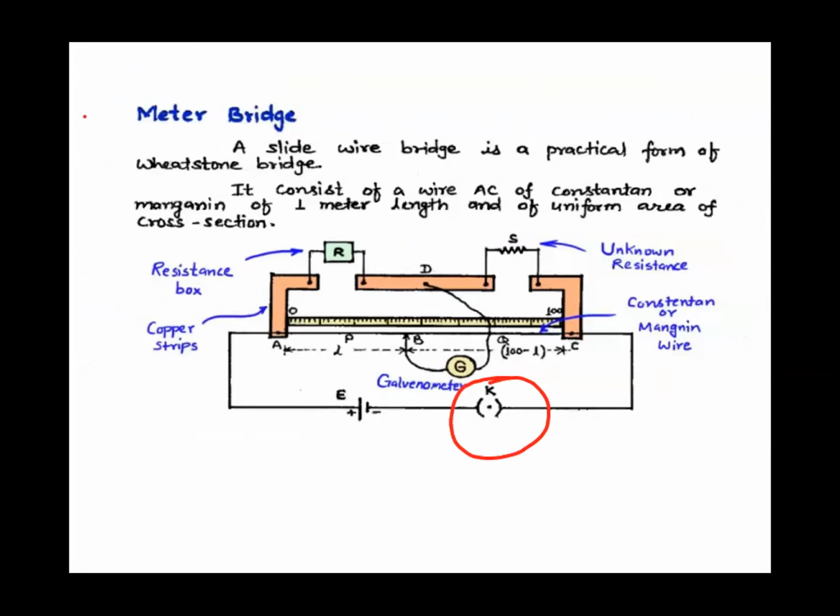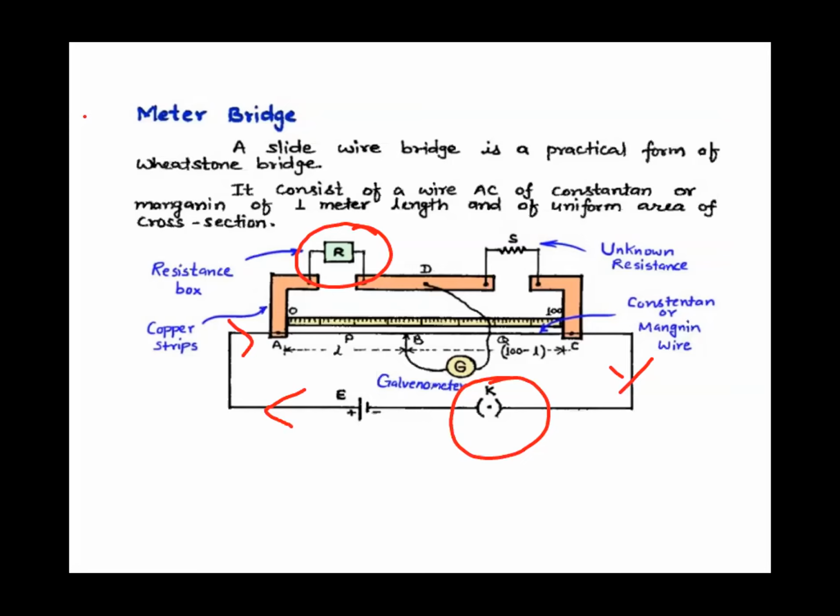Once the key is inserted, current starts flowing from the battery from the positive terminal towards the negative terminal. After putting the key on, we are going to remove some resistance from the resistance box R.